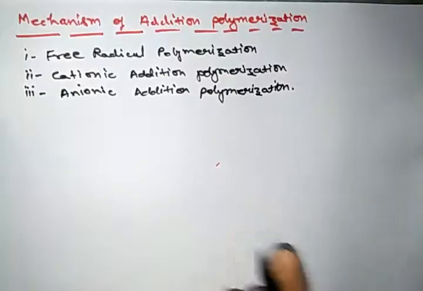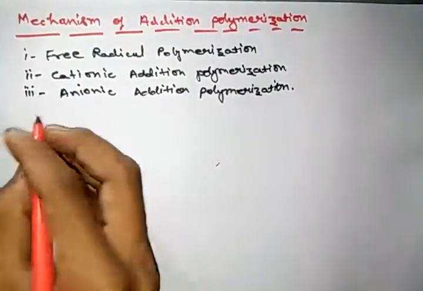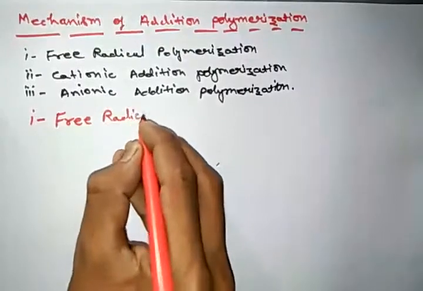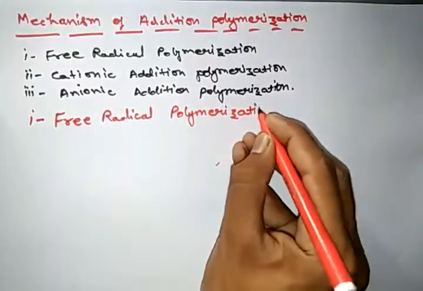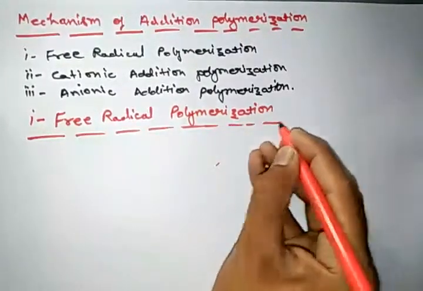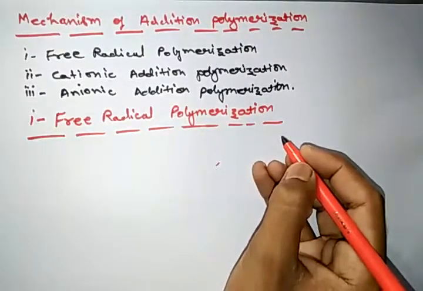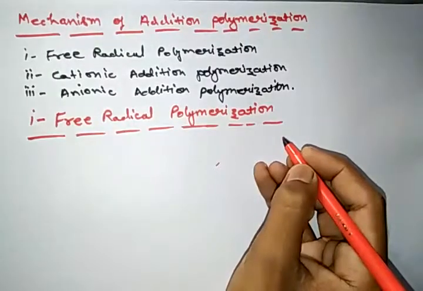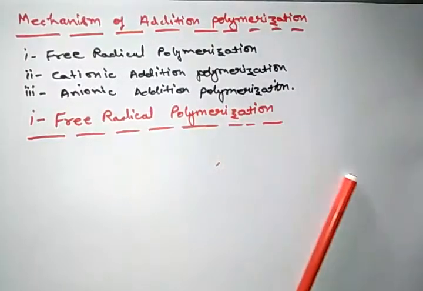First of all, we talk about free radical polymerization. Mechanism of free radical addition polymerization. In free radical addition reaction, the free radicals initiate the reaction, which are produced through homolytic bond fission in the presence of peroxide.